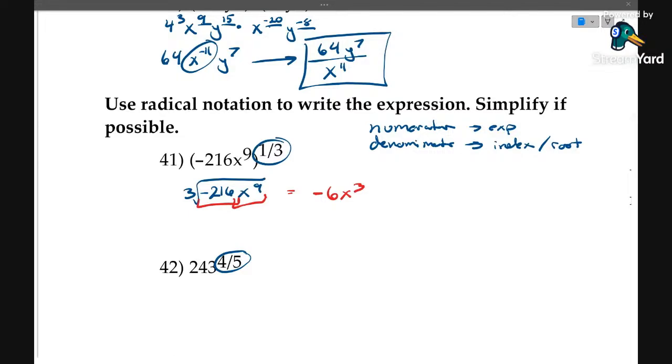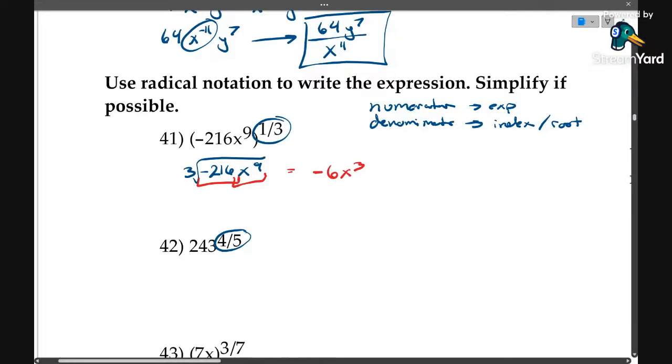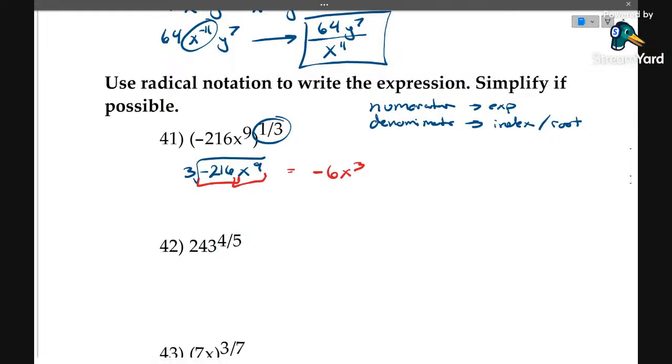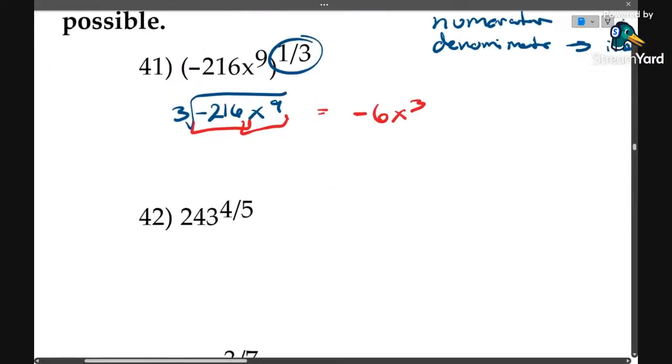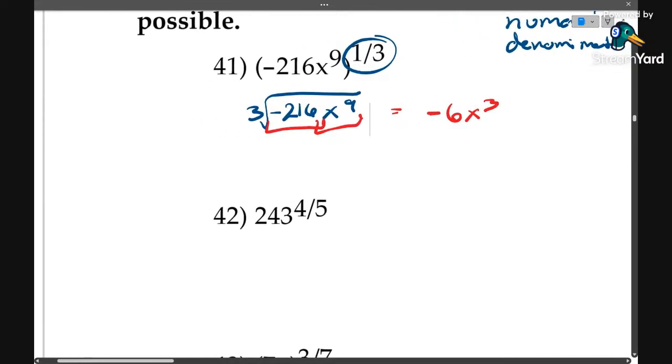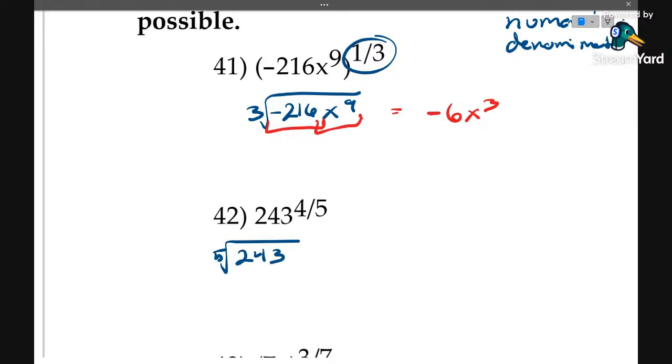Okay, so 9 divided by 3 gives us the exponent of 3. When we have the 4 and the 5, that 4 becomes our exponent and the 5th becomes our root. So we can write this as the 5th root of 243 to the 4th power.